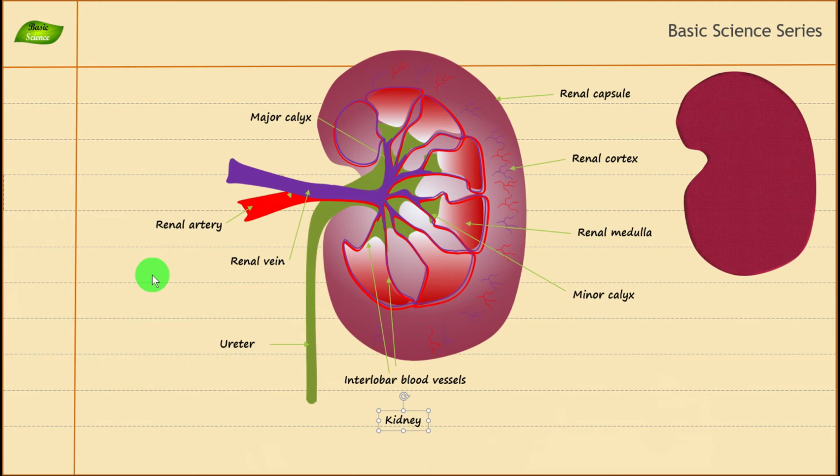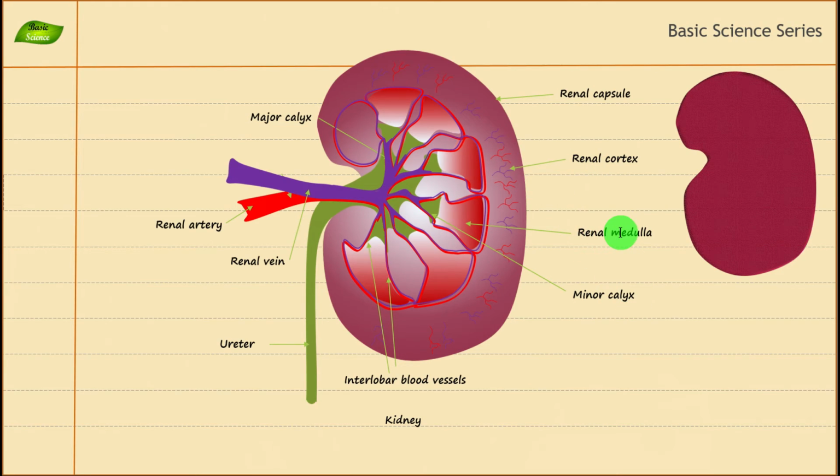And in this particular process, we have not only designed the whole kidney from the individual parts, we have also discussed their functions. So let's revisit everything. We have discussed the first, that is renal capsule, that is there to protect the kidney. Renal cortex, where the ultrafiltration is happening.